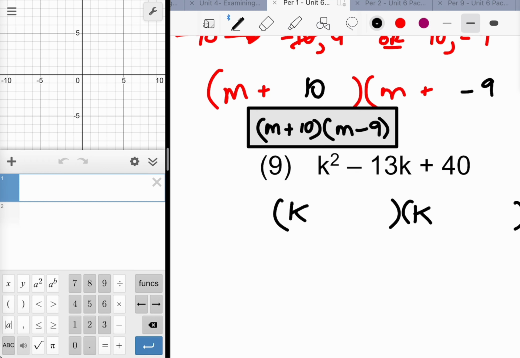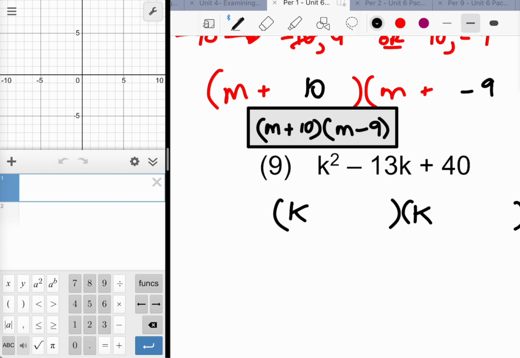All right, 40. What do we know about 40? Factors 1 and 40. If I add a 1 and 40 together, will I get a 13? No. If I subtract them in any way, 1 minus 40, 40 minus 1, I won't be anywhere near a 13. All right?